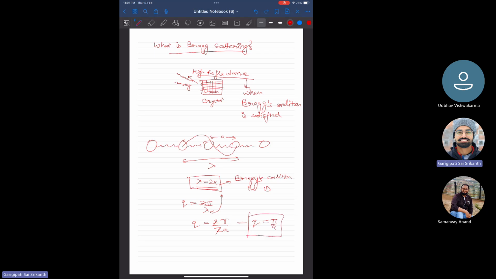So at q equal to pi by a, we should observe Bragg's condition satisfied. That means at q equal to pi by a, the band gap should start.